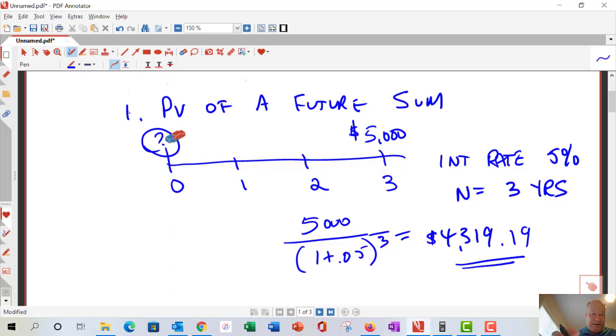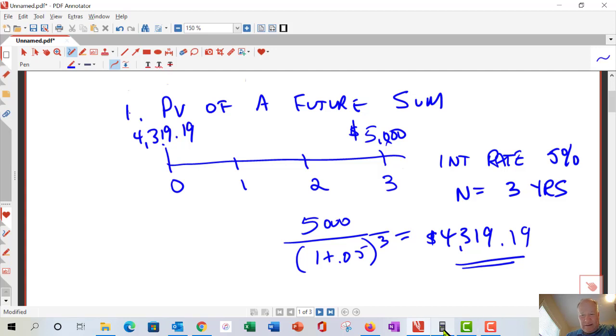So in other words, at time 0 today, I have to deposit $4,319.19. And if this grows at 5% for the next 3 years, at the end of that 3 years, I'll have my $5,000.